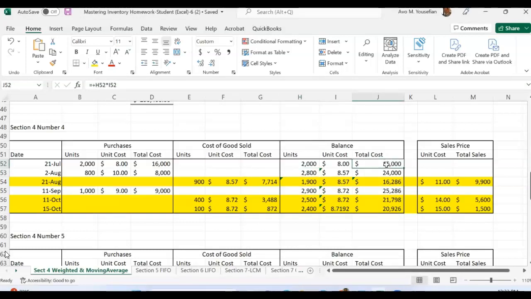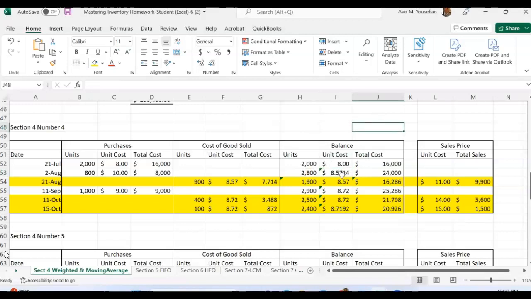Here will be 16,000 plus 8,000, which ends up to be $24,000. $24,000 divided by 2,800, and that gives you, here is the formula, 24,000 divided by 2,800, that gives you an average cost of 8.5714, and you just make sure that is 4-digit.